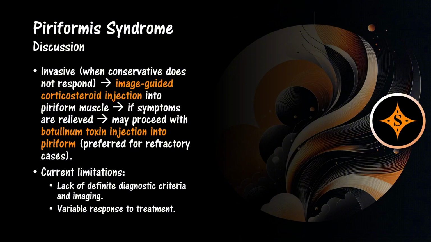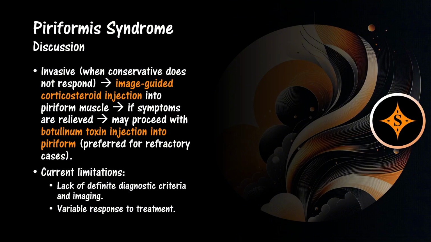If conservative treatment fails or does not produce significant results, an invasive approach is then considered, such as corticosteroid injection into the piriformis muscle under guidance, followed by botulinum toxin when it is confirmed.